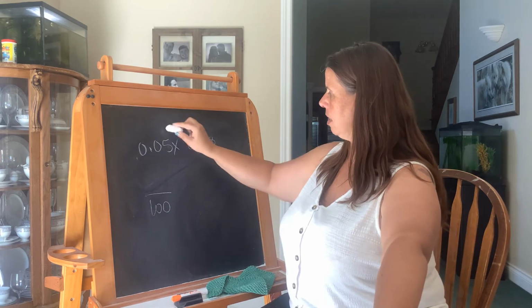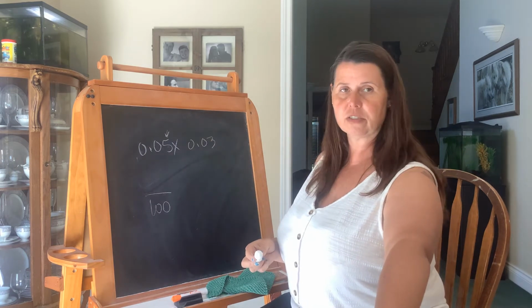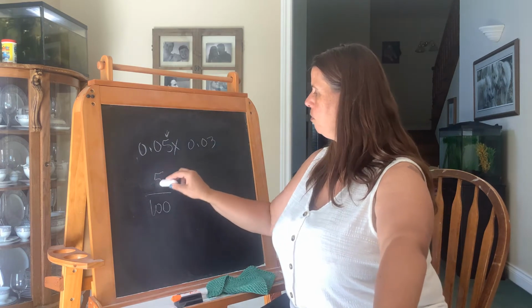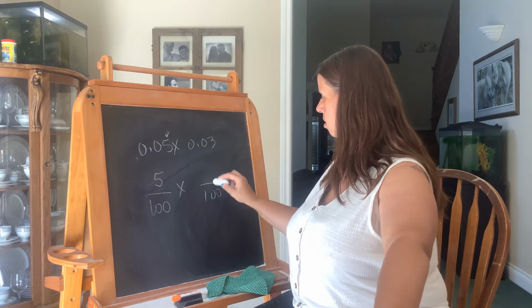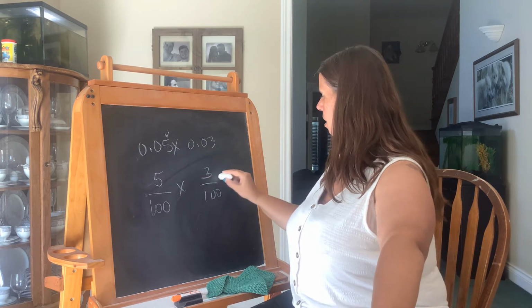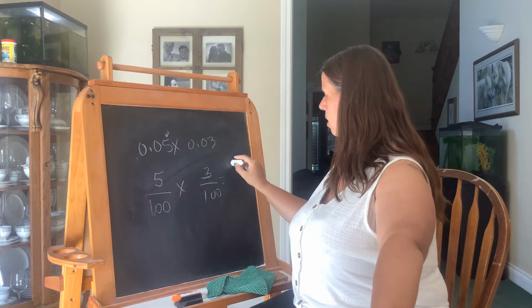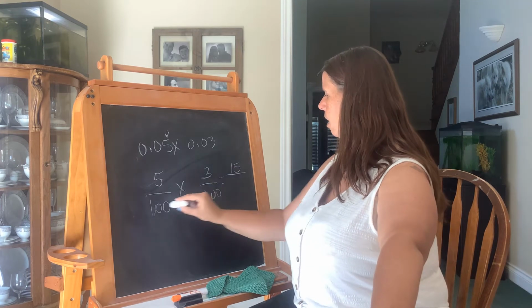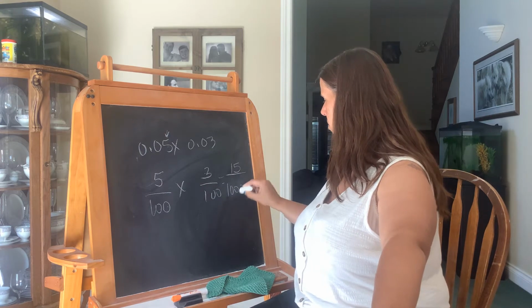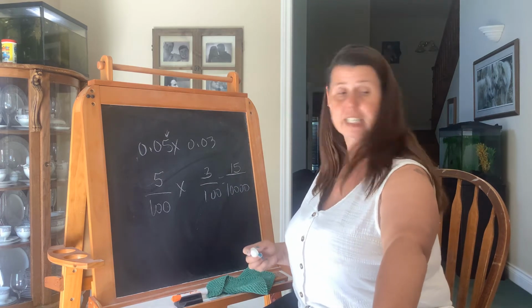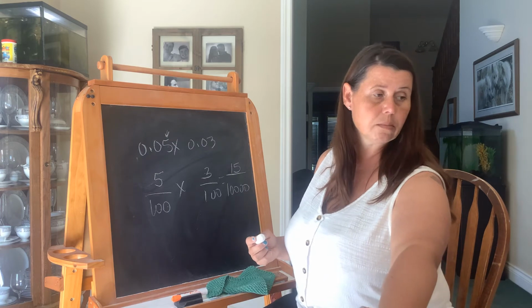It's out of 100. That's in the hundredths column. There's lots of ways to figure this out. So I have 5/100 and same 2 places. So I'm going to have 2 zeros and it's 3 out of 100. I'm going to multiply straight across. 5 times 3 is 15. 1, 2, 3, 4 zeros. 1, 2, 3, 4 zeros. So 15/10,000 it comes out to.